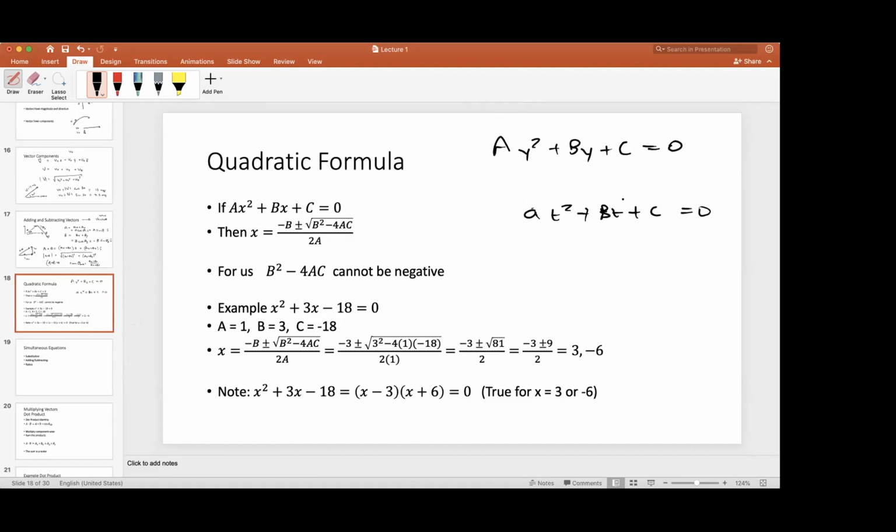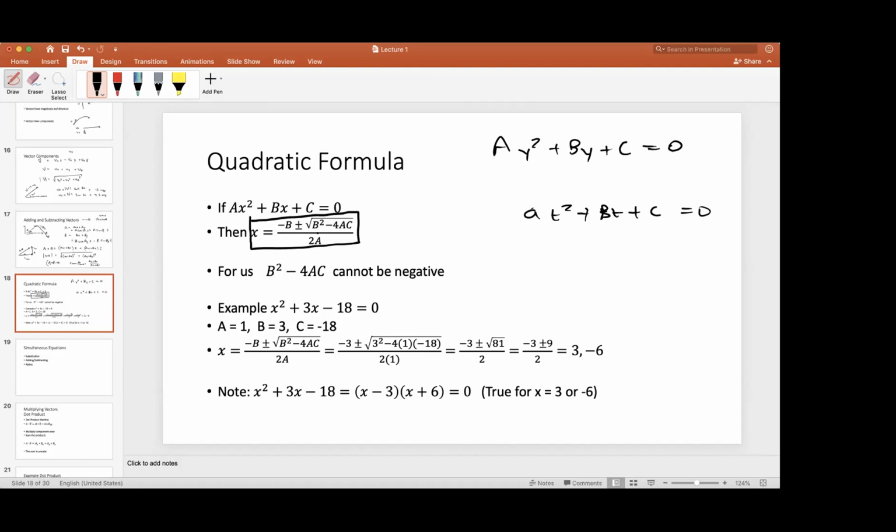The point is you have something with a power squared, a single power, and a constant. From that, you can use the quadratic equation to find the roots of this equation, which means the values for which t, if t is that value, the equation becomes 0, or x is that value, it becomes 0.